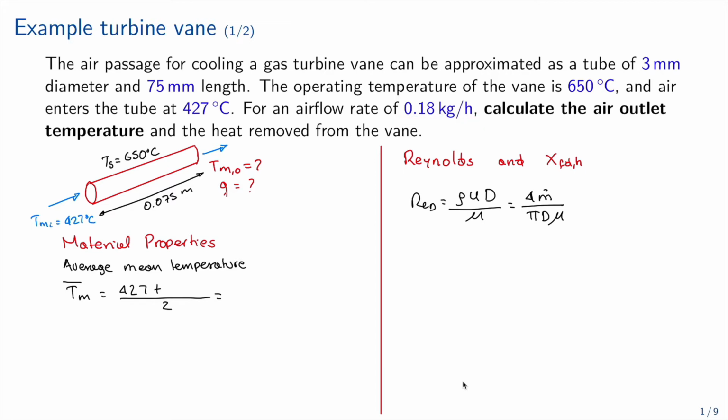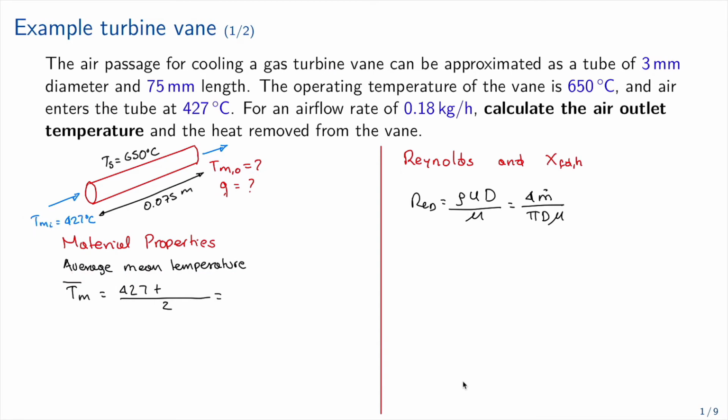The question is to calculate the temperature of the air at the outlet and the heat transfer removed to the blade. So first of all, to analyze the problem, we have to find out the material properties for the air that is passing through. For that, we have to take the average of the mean temperature of the inlet and the outlet.